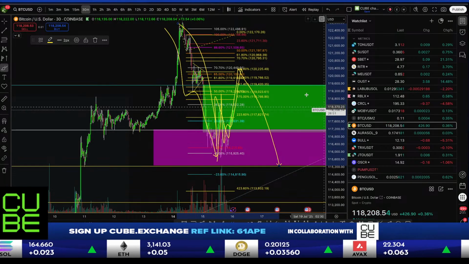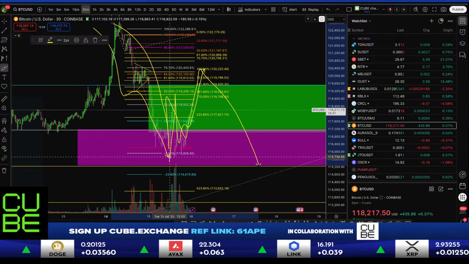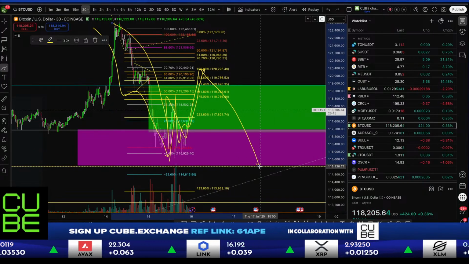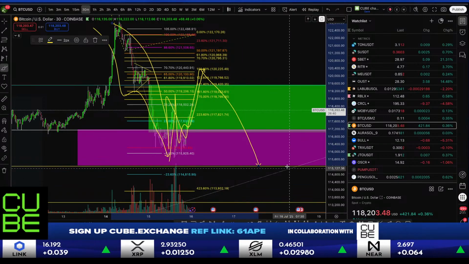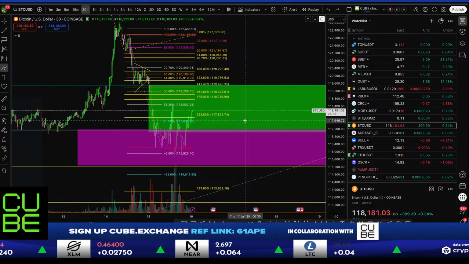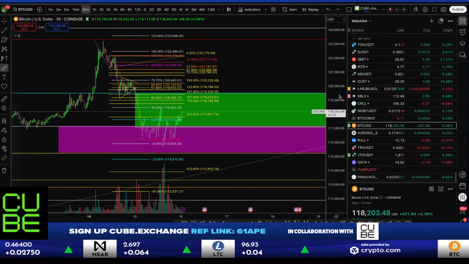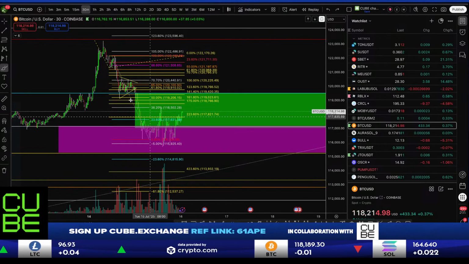I mark these off with boxes because we almost got the whole fill here, but we might be waiting to come back down, and it might even come back a little bit lower. That's one scenario, because typically these kinds of lows end up getting taken.